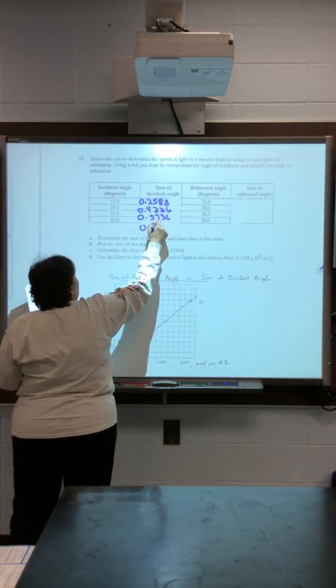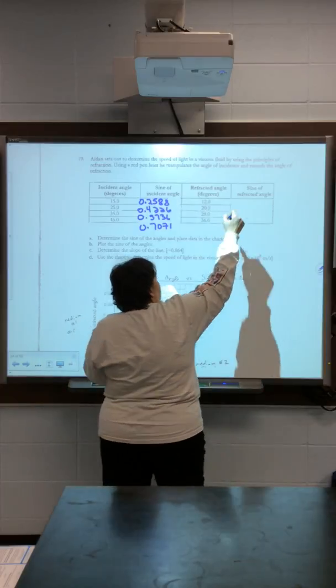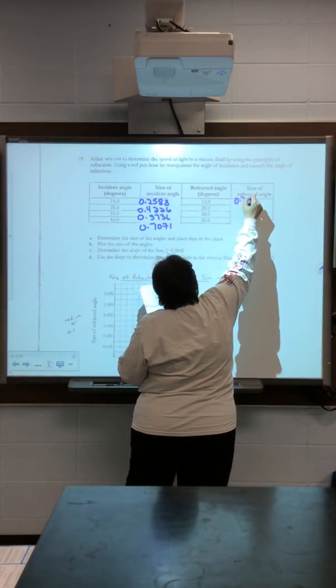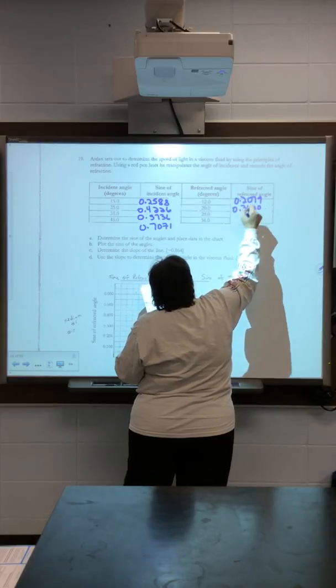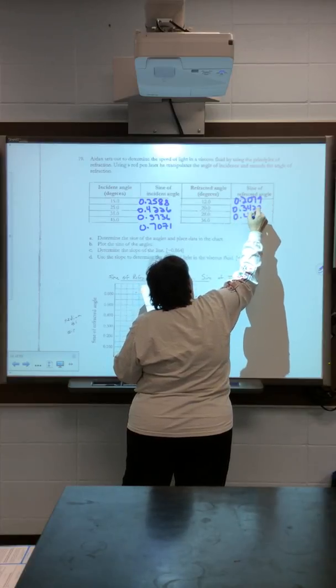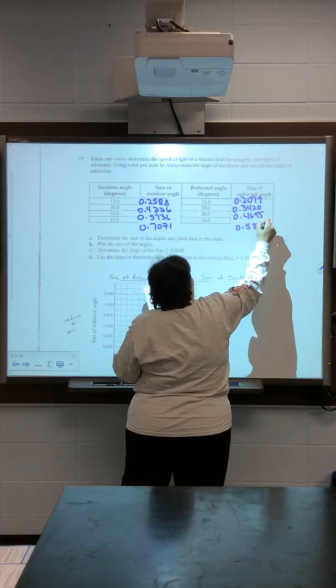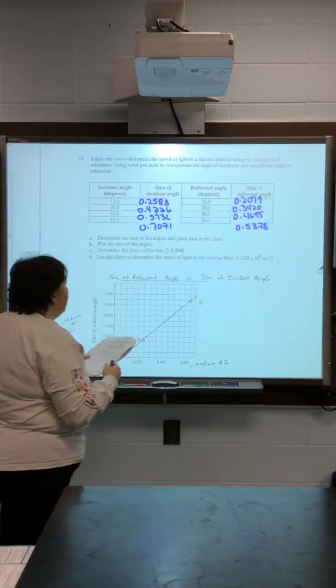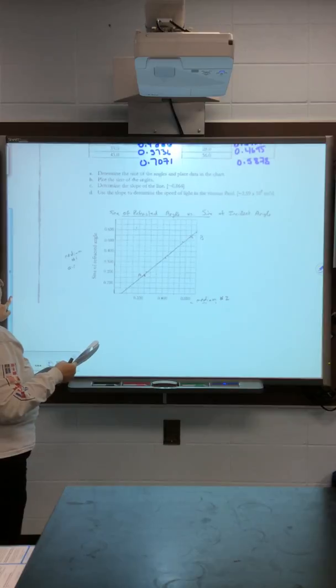Then 0.5736, 0.7071. And then when we do the same thing for the refracted angle, we get 0.5878. Okay? Those are very simple. Just in your calculator, sine, put the angle in, and you're good to go.